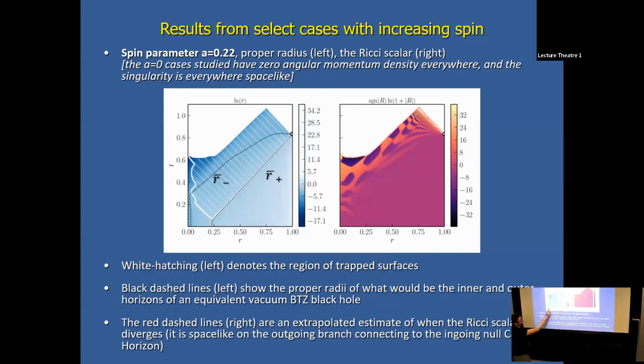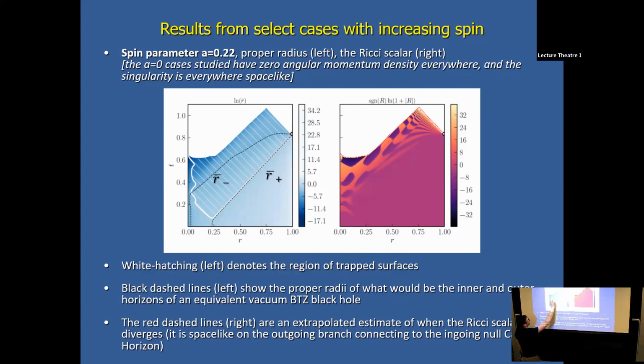We start at T equals 0 with some initial clump of energy in the scalar field. We give it roughly an ingoing pulse so that it quickly forms a trapped surface. At this time we start to find a trapped surface. The white hatched region shows where there are trapped regions.